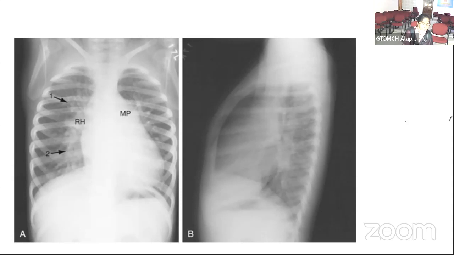Then you can see that the branch pulmonary arteries are also enlarged. And you can see there is increased vascularity extending up to the lateral 1/3. Prominent peripheral vessels can be seen.